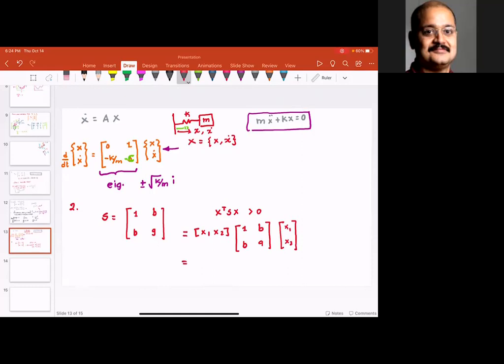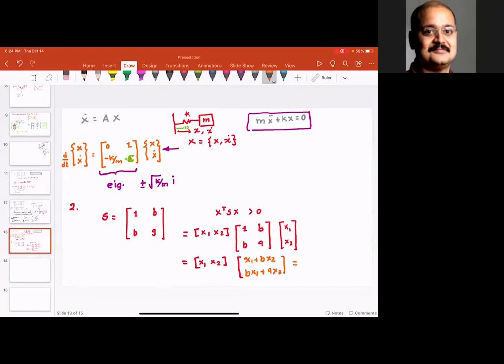Do you agree with me? This is going to look like [x1, x2] times [x1 plus b x2, b x1 plus 9 x2].